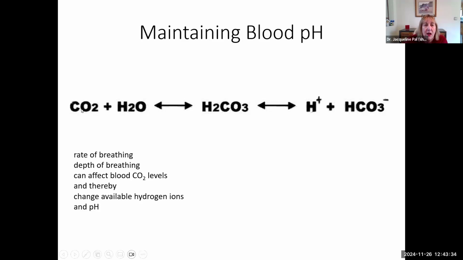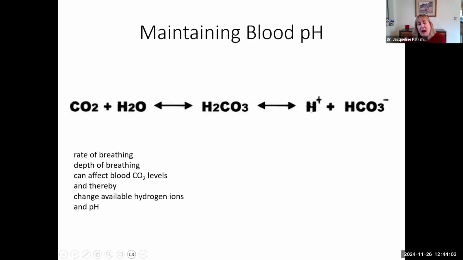If we raise our carbon dioxide levels in our blood, we're going to be raising our hydrogen ion levels and dropping our pH. If we blow off our carbon dioxide, that means we're going to be lowering our hydrogen ions and raising our pH. So this is the side of the equation that our lungs deal with, the carbon dioxide.